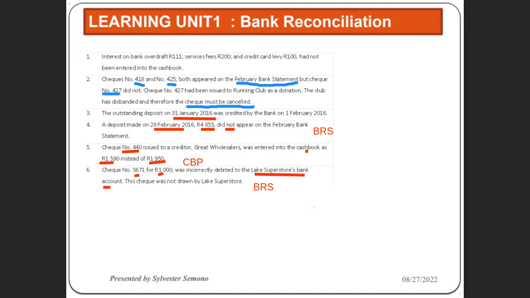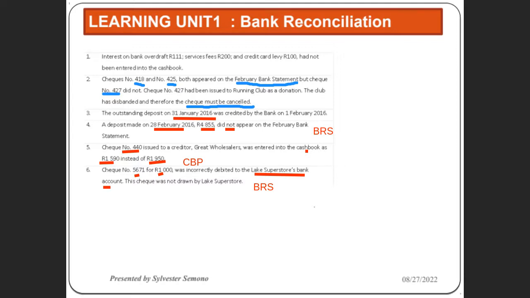I think we did have the outstanding checks for this month. I think they were number 2, if I'm not mistaken. Let's check number 2. No, number 2 is the one that I was talking about. Let me zoom out.